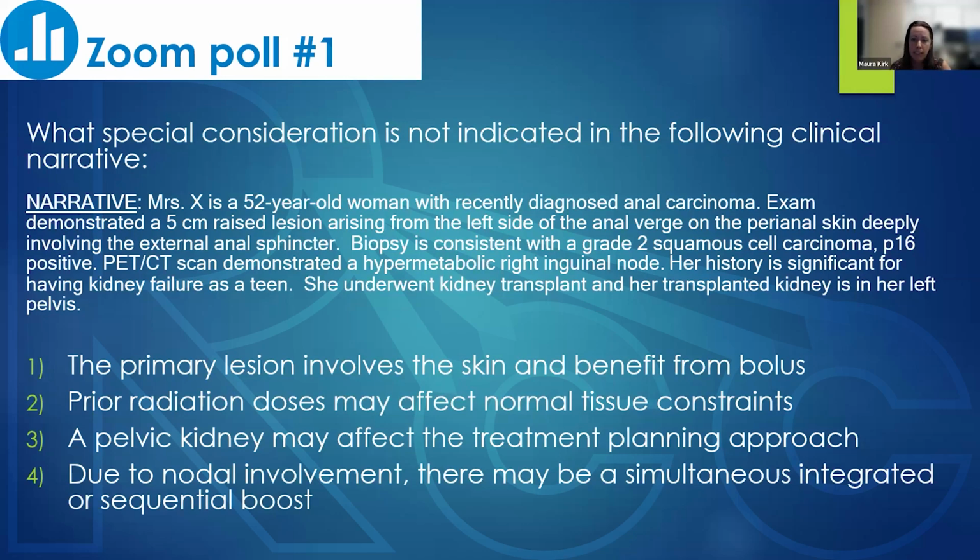The biopsy is consistent with grade 2 squamous cell carcinoma, P16 positive. The PET-CT scan demonstrated a hypermetabolic right inguinal node. Her history is significant for having kidney failure as a teen. She underwent kidney transplant, and her transplanted kidney is in her left pelvis. So after reading this short clinical description, which one thing do we not need to look for in our quality review?